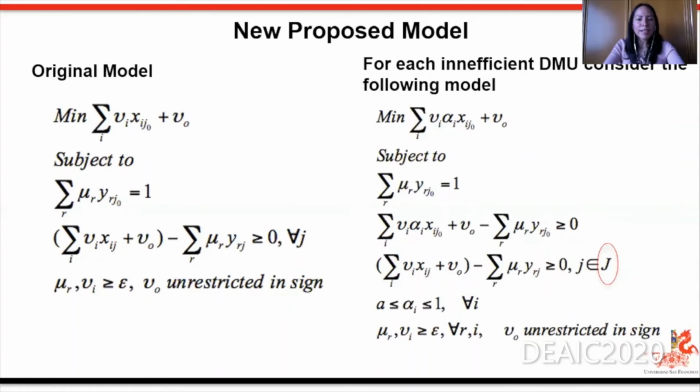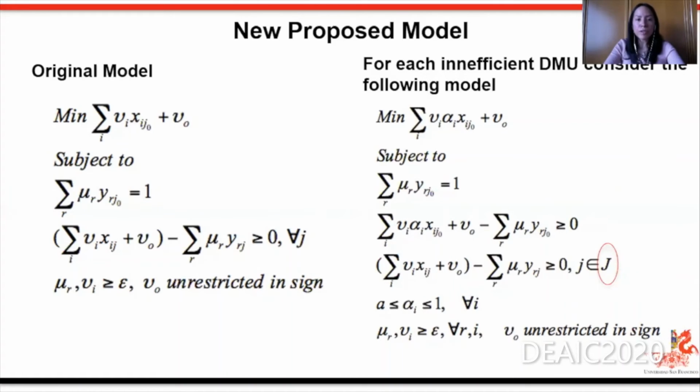In that regard, let J denote the set of efficient units generated by the original model. We point out that some members of both N1 and N2 may appear in J. Now, for each inefficient DMU, consider the model that is on the right-hand side.